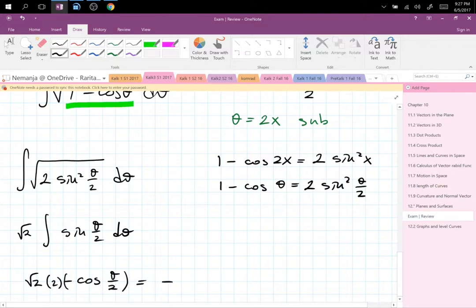So the whole thing becomes negative 2 root 2 cosine theta over 2 plus c. And I'll just point to this one over here and say 1 over 1/2.